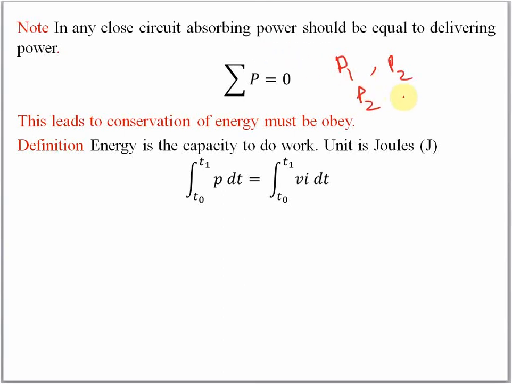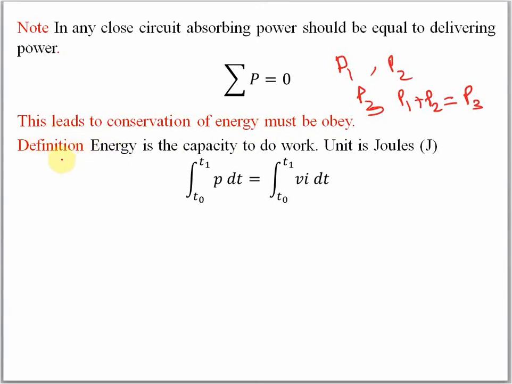From our concept, we write P1 plus P2 equals P3. This leads to conservation of energy, which must be obeyed.